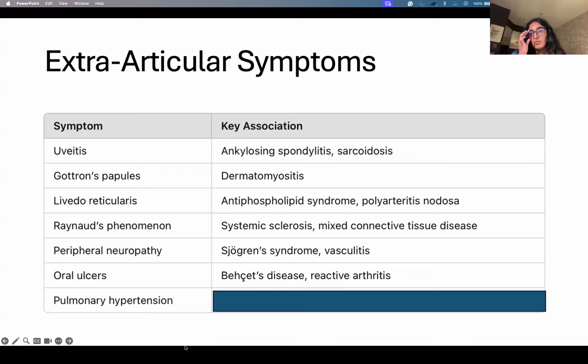Pulmonary hypertension, this one might be a little bit trickier. Not quite, not quite pseudo-gout.